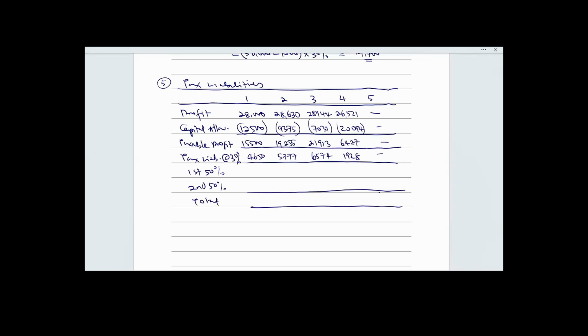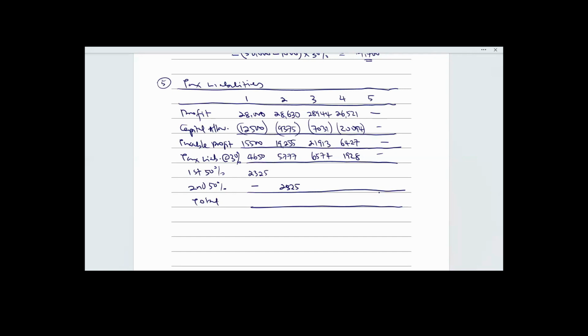So 50% of 4,650. 4,650 multiplied by 0.5 equals 2,325. Here is 2,325. The examiner told us the balance of the first year tax should be paid in the second year. Therefore, 2,325 will be paid here in the second year.